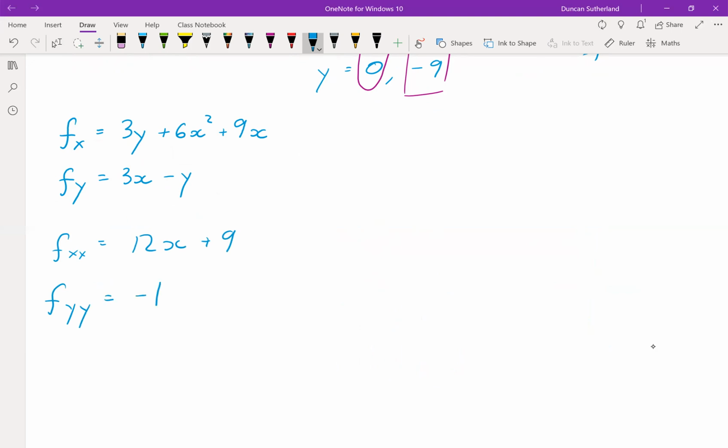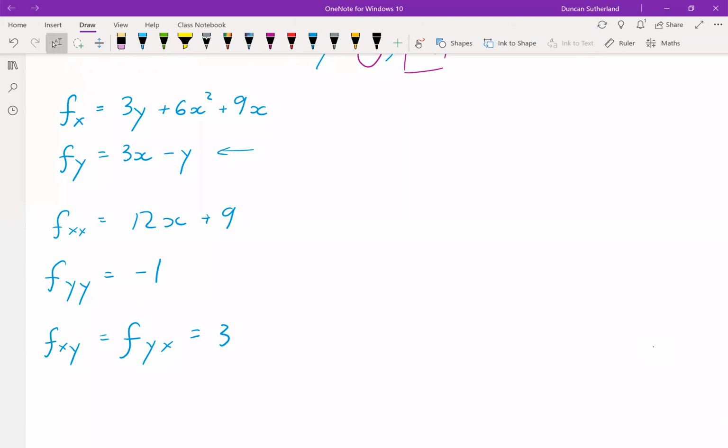Okay, f sub x y, that's going to be equal to, right, the order is not going to matter here. It's a continuous polynomial. It's not going to have any naughty points. So I'm just going to differentiate this one with respect to x and get 3. So the easiest thing to do is differentiate that one, but this one's actually pretty simple as well because we've only got the one term that's floating around.